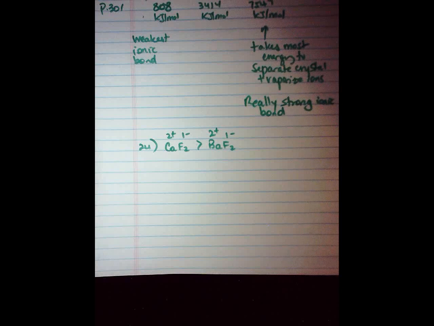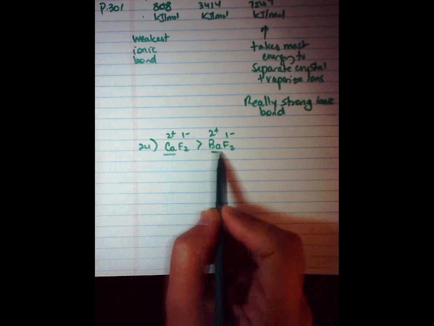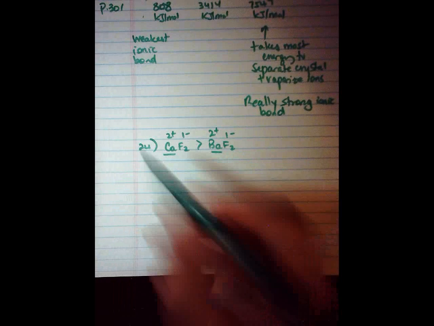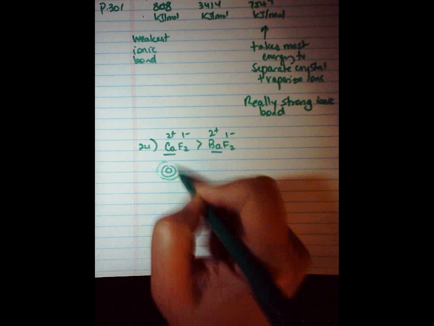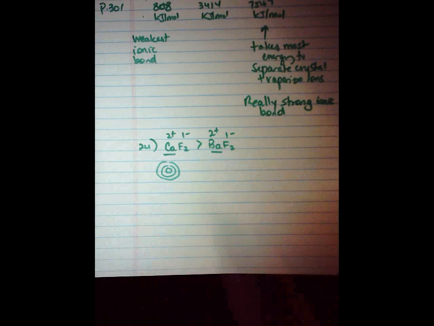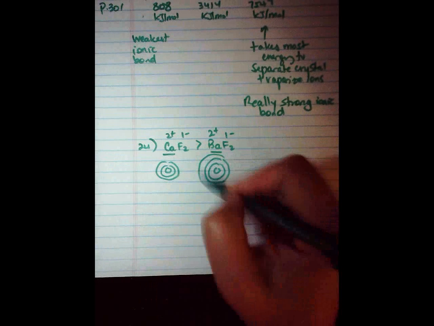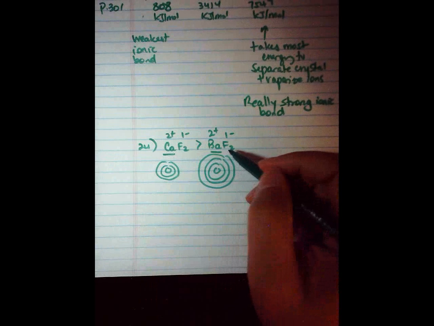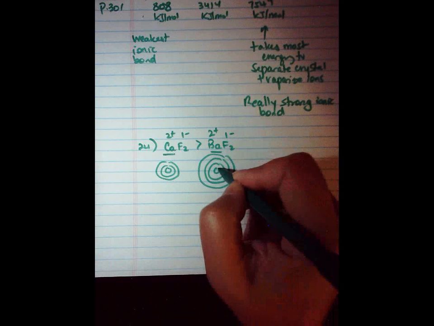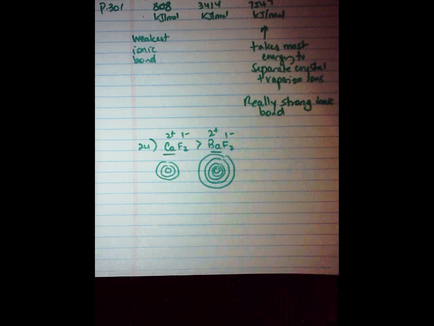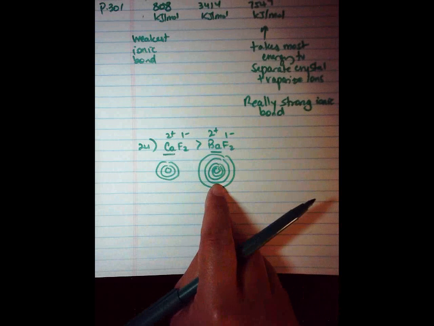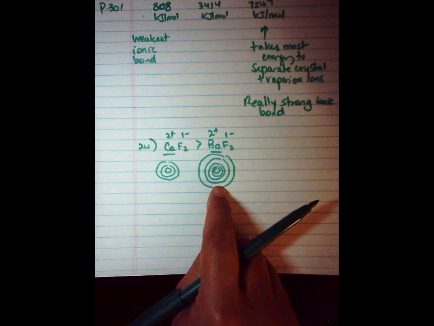Okay, think about the structure of calcium versus barium. How many shells does calcium have? 3. How many does barium have? How many? 5? 6? Okay? All right, so why would being bigger make that ionic bond weaker?